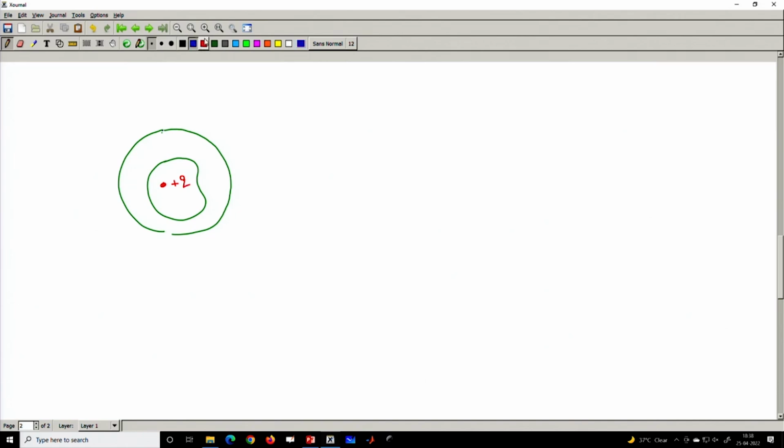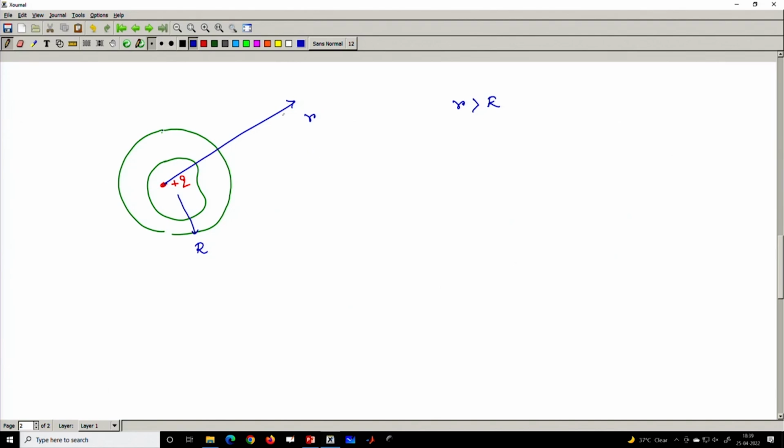So, what is the field at some point r, where r is greater than the radius of this sphere, say a, or say big R. Big R is the radius of this sphere, but I want to find out what is the field outside.